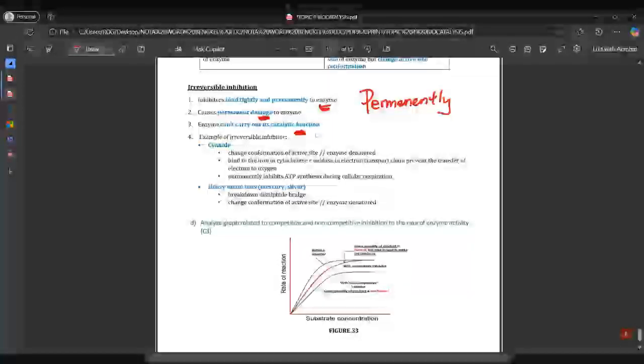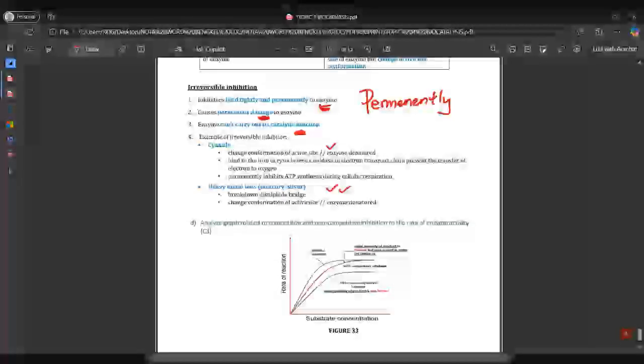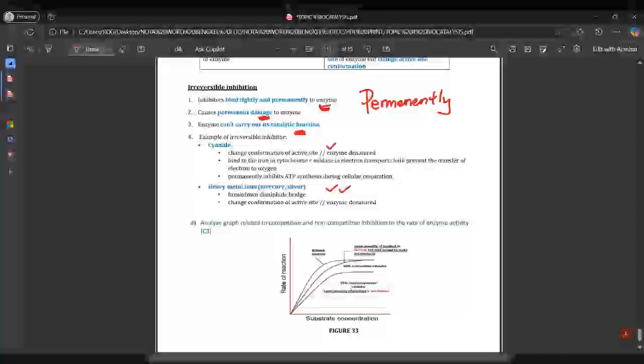Those irreversible inhibitors involve heavy metals like mercury and silver, which are always involved in water contamination. And then we also have cyanide, which is a chemical substance widely used in industry. All of these are considered irreversible inhibitors, especially cyanide.